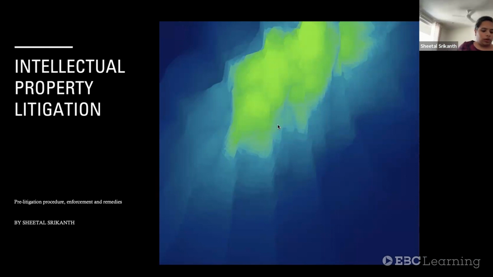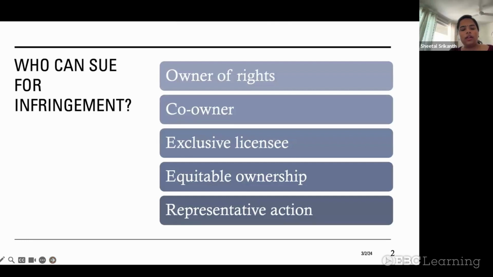So today we'll be discussing some aspects of general litigation, which are also applicable to intellectual property, and some specific aspects of intellectual property litigation which wouldn't otherwise come up or apply as well.